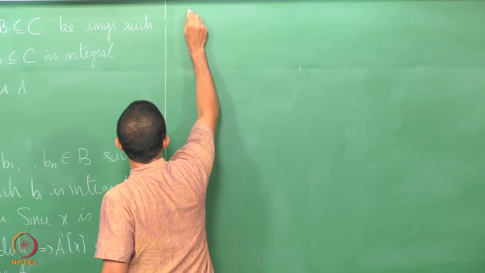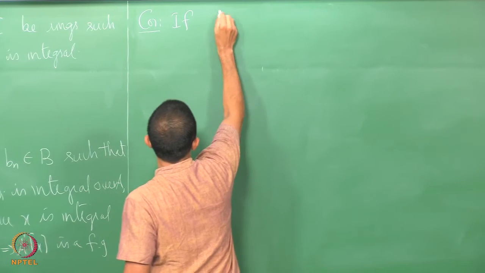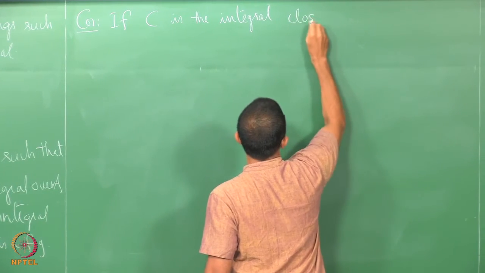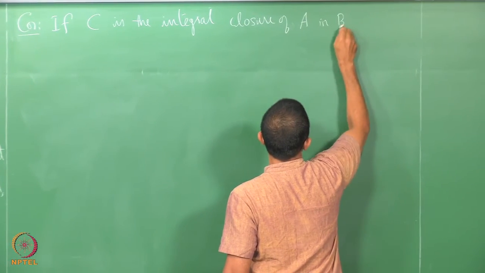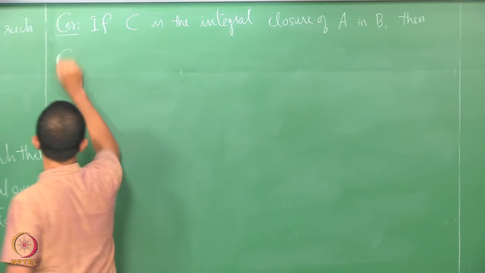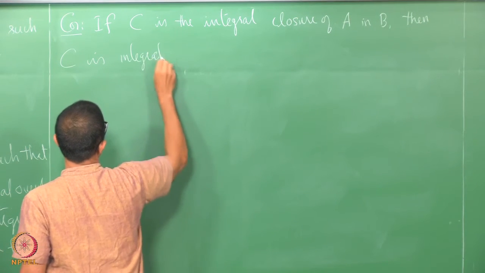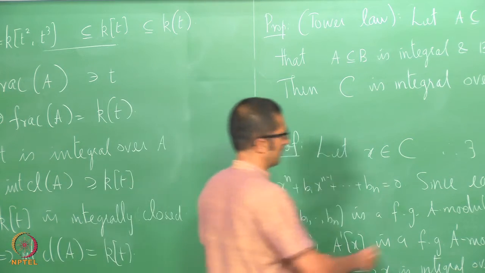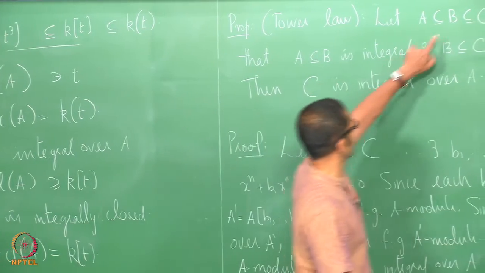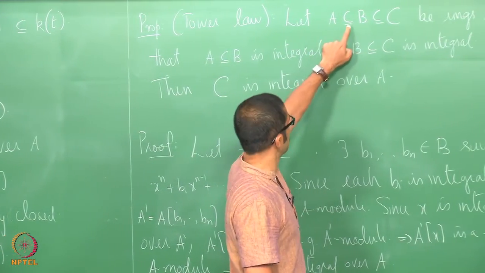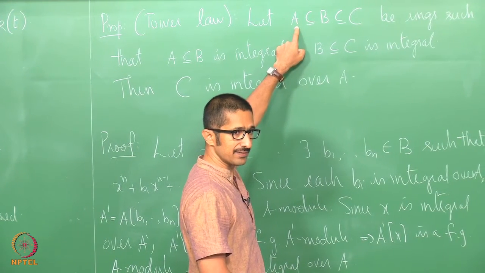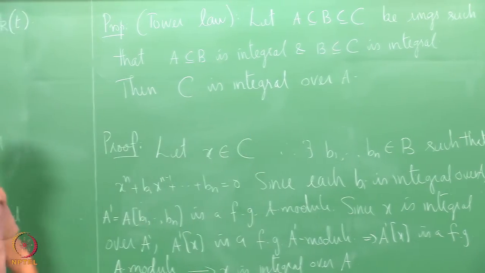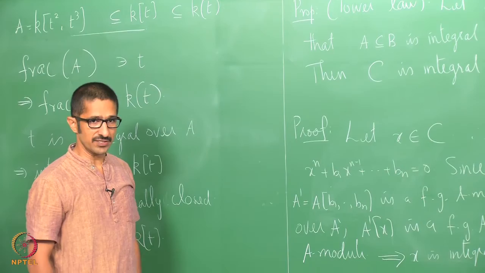and an immediate corollary is, if C is the integral closure of A in B, then C is integrally closed in B. The forward part is obviously true: if C is integral over A, then obviously every element of C is integral over A. For that you do not require any proof, it is trivially true.